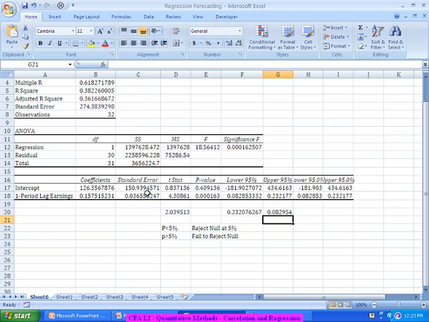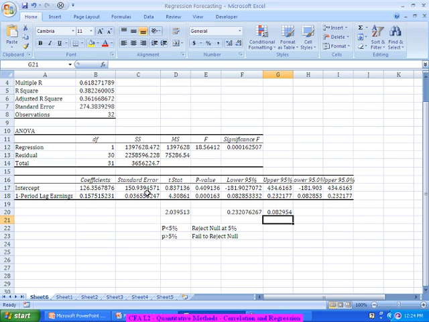So what it is saying is that for 95% of the samples I take, the coefficient will lie between 0.08 and 0.23, which means it will not be 0 because there is no sign change.